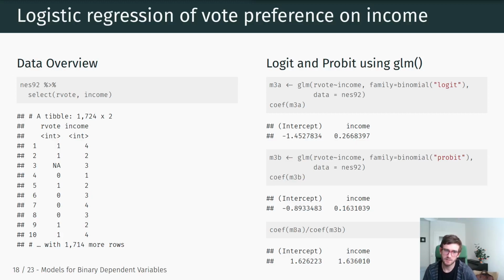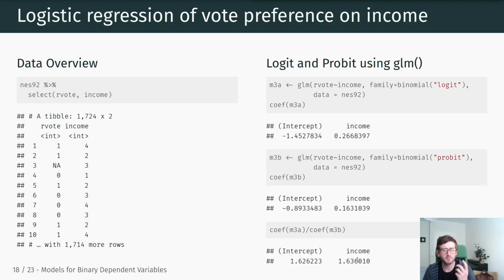If we divide here the coefficients of M3A and M3B, both for the intercept and income, they're about 1.6. So the Logit coefficient is about 1.6 times as large as the Probit coefficient, right? Again, if we, based on this model, then compute quantities of interest, compute probabilities, the resulting probabilities are still the same. These are just differences in terms of the underlying link function.